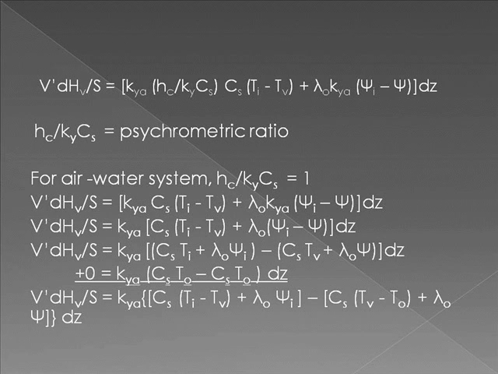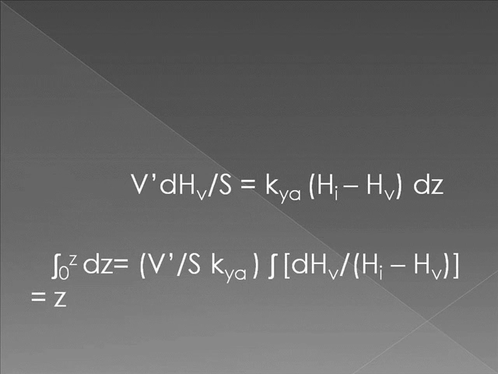So the equation is now V prime dHV over S is equal to kY a [Cs (Ti minus T naught) plus lambda naught ψI minus Cs (Tv minus T naught) plus lambda naught ψ] dZ. The equation becomes V prime dHV over S is equal to kY a (Hi minus Hv) dZ.